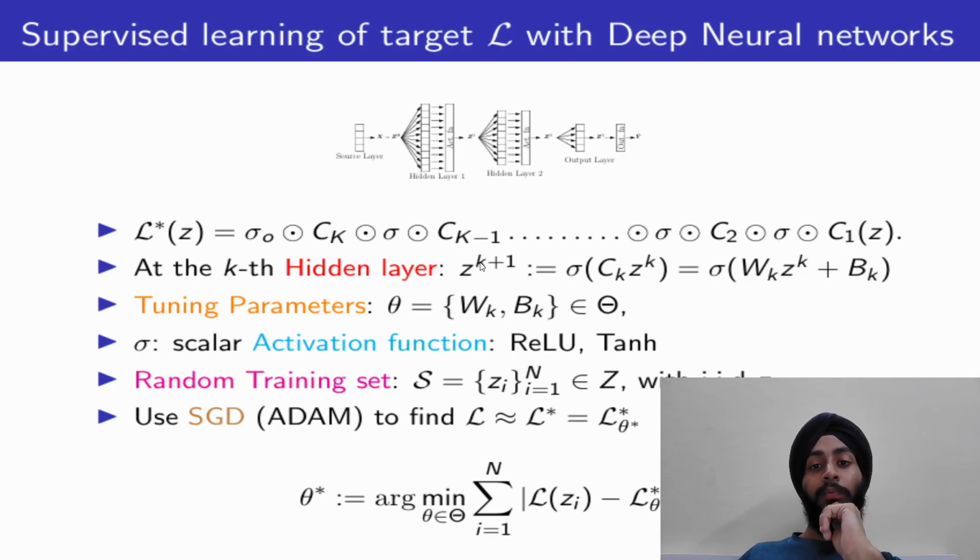So this is what is happening at some kth hidden layer: my output z of k plus 1 is simply the nonlinearity applied to the weight matrix multiplied by zk, plus the bias vector, where zk is the input I'm giving to my kth layer. These are the parameters that I will have to find, Wk and bk.